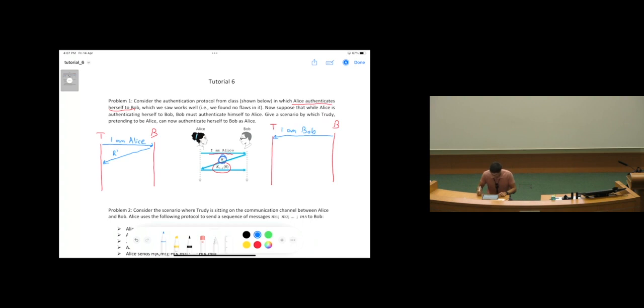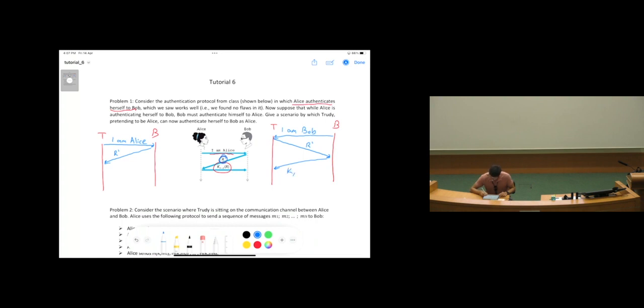And now, if Trudy wants to successfully authenticate herself to Bob, she can simply use the same nonce value that Bob sent her, R prime. And Trudy, on the left side, when authenticating herself to Bob, is just going to wait until Bob tells her the encrypted version of R prime.